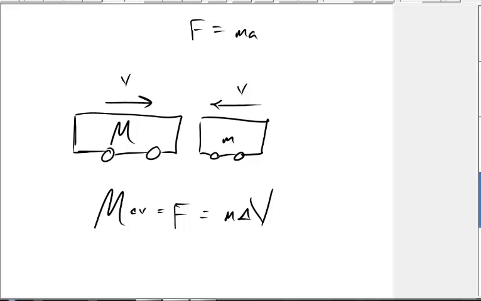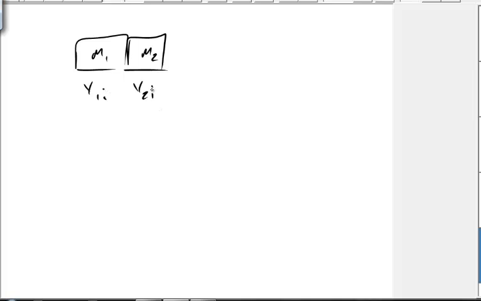There's different kinds of collisions, which you guys investigated. There's the kind of collision where the cars get stuck together. And while the first object and the second object had their own individual initial speeds, in the end they have the same final speed.